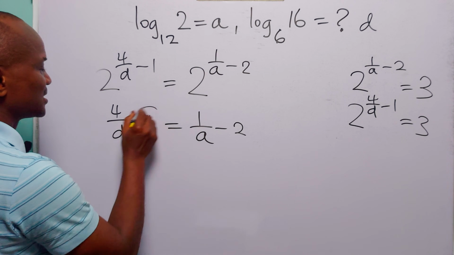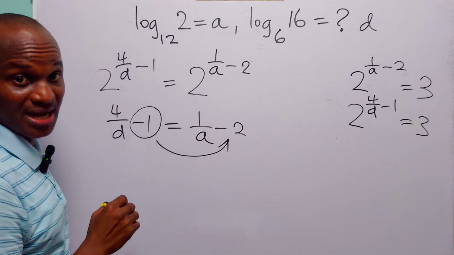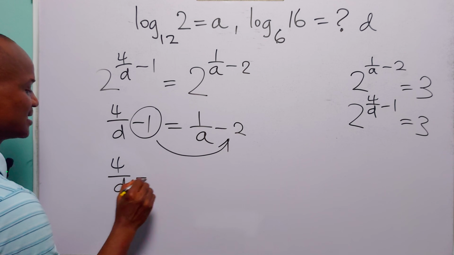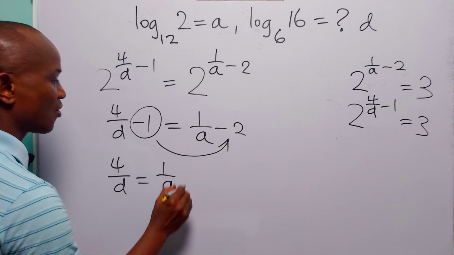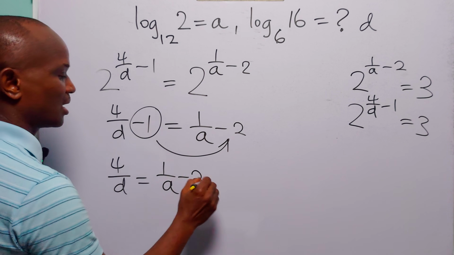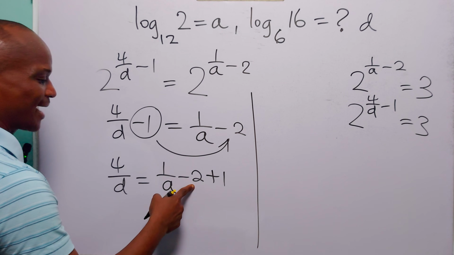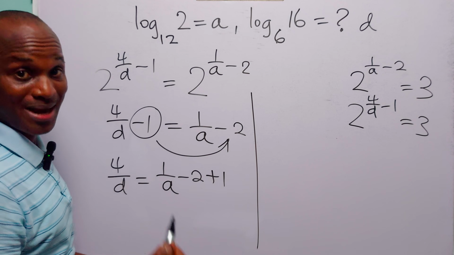Now, what we are going to do is that we will move this over to the right-hand side. When we do that, we have that 4 over d is equal to 1 over a minus 2 plus 1. Now, minus 2 plus 1 is equal to minus 1.